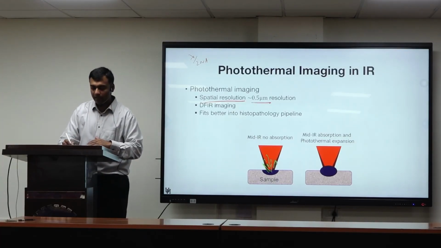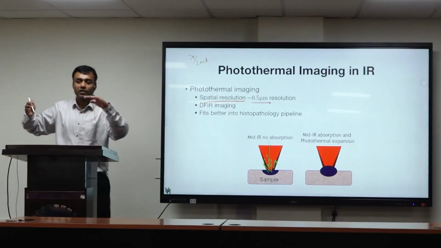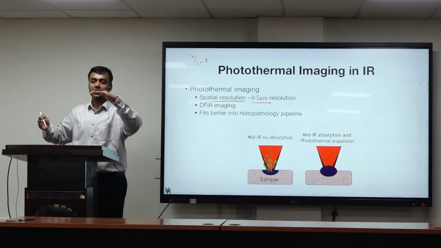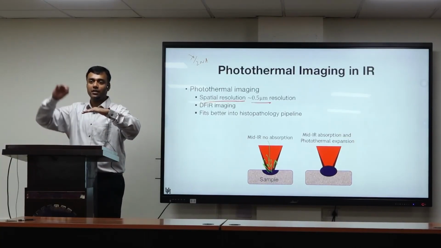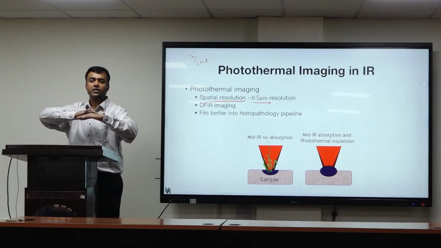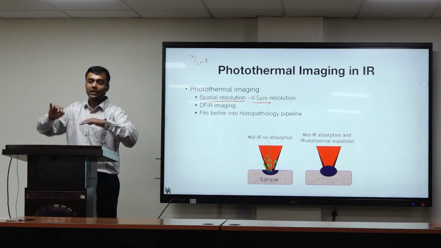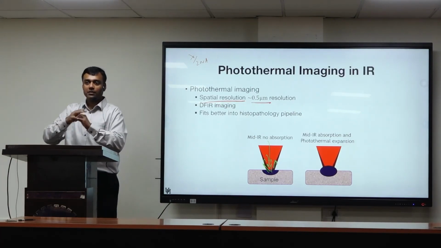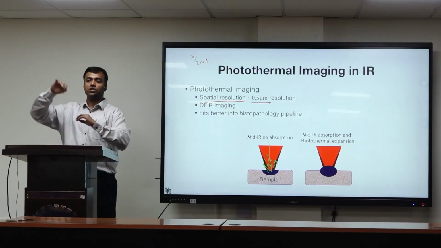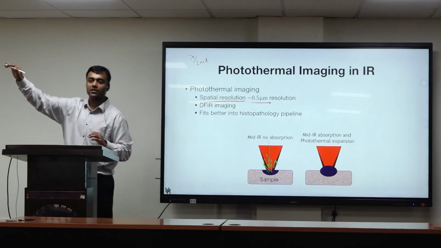Visible light scatters back here, and you measure it at a detector. Turn off the infrared, you get some detector value. Turn on the infrared, if there is no change in the sample, there is no change in the detector value. But if there is an expansion, then the light scatters in different directions, so there is a change in the visible probe detector signal.